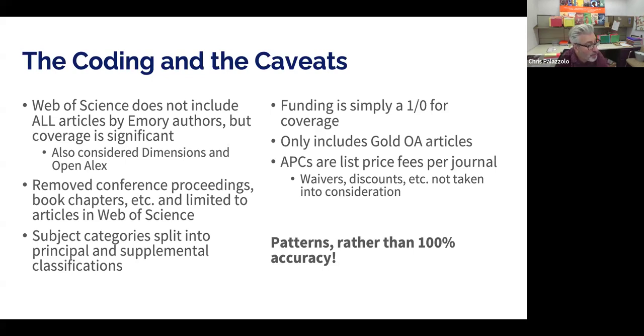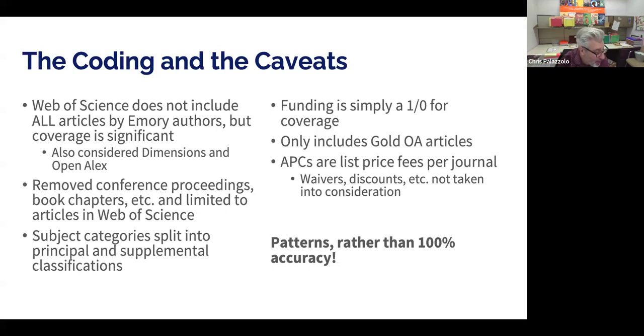And also, I mentioned before that APCs are notoriously difficult to track down and measure exactly unless you really go down to your institution's financial ledgers and try to find that information there. So there may be waivers, discounts, all that sort of stuff, which means we may be overcounting or overestimating a little bit the amount spent on APCs.